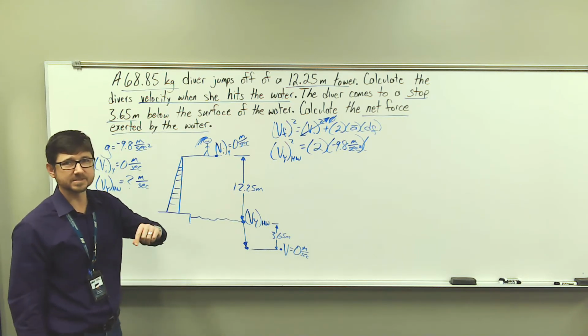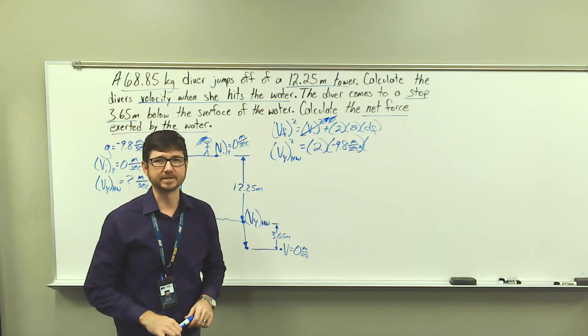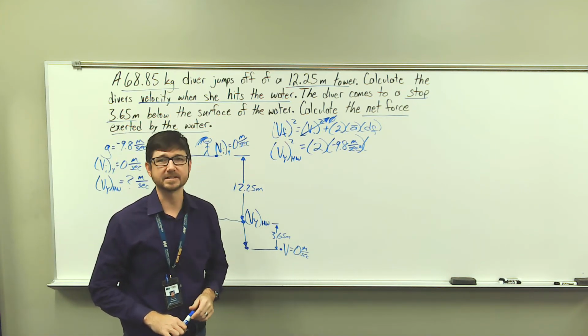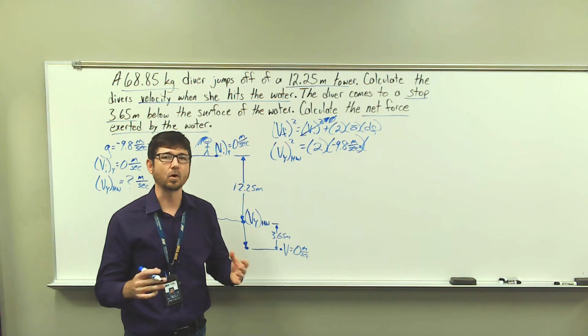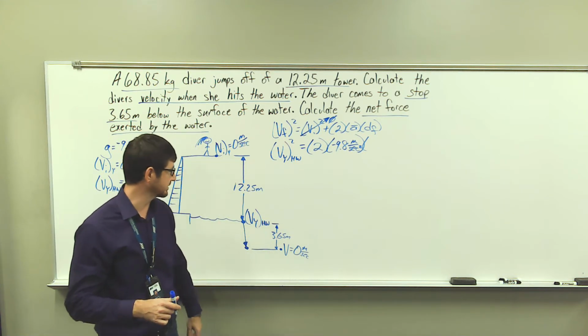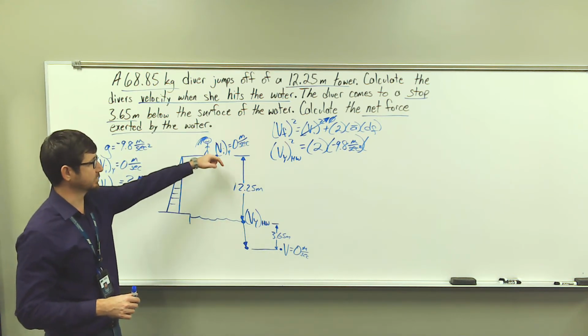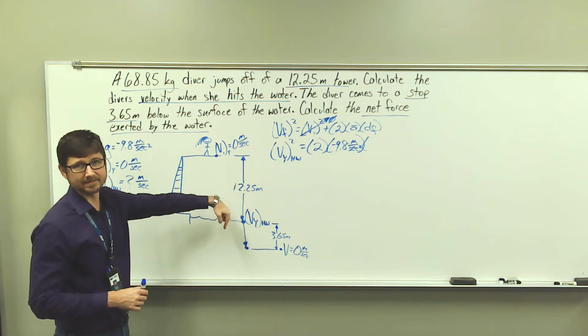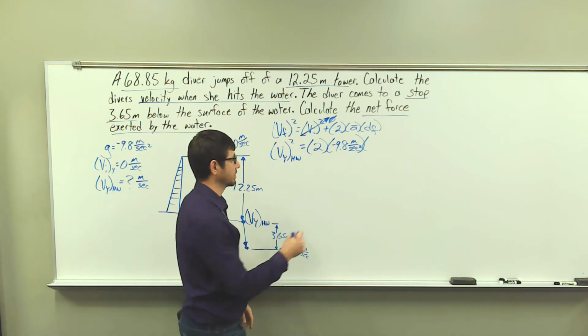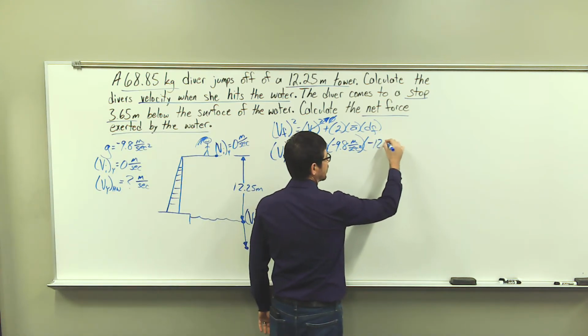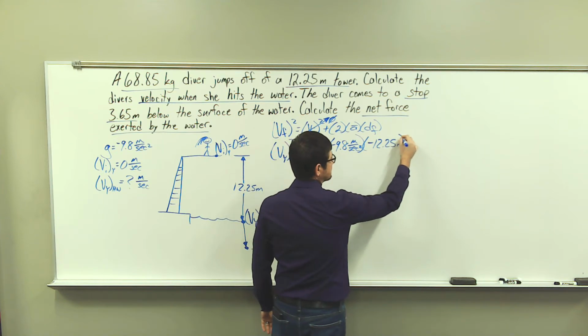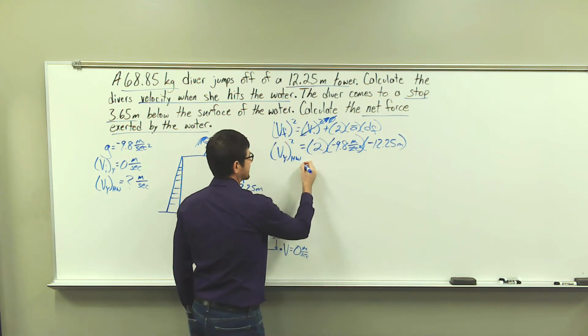Remember, there is a difference between distance and displacement. Displacement is a vector, so we are required to show direction. And so the negative sign will indicate a negative y direction. So negative 12.25 meters. Okay?